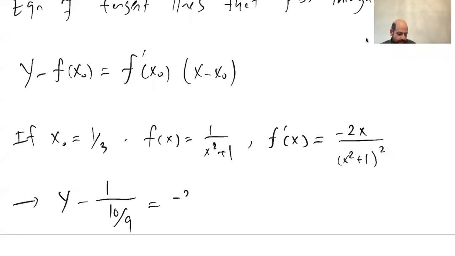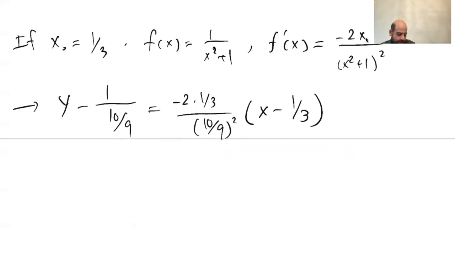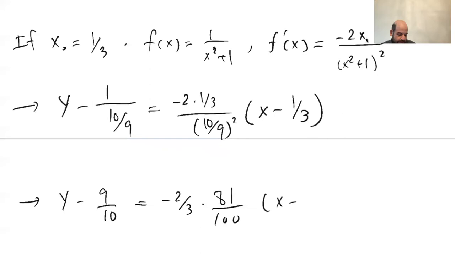So then you get minus 2 times 1/3 divided by 1/9 plus 1, which is 10/9, to power 2, times x minus x0, that is x minus 1/3. So that means y minus 9/10 equals minus 2/3 times 81/100 times x minus 1/3.